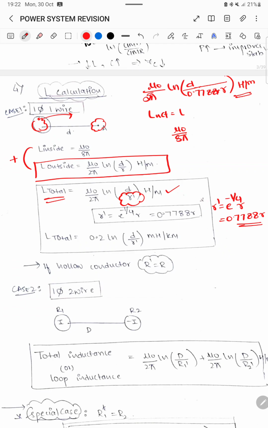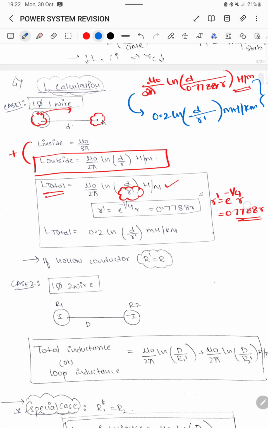But mostly in questions you are asked millihenry per kilometer. So you can straight away convert this formula to millihenry per kilometer as 0.2 ln d upon r dash millihenry per kilometer. Okay, this is one and the same thing but in different units.